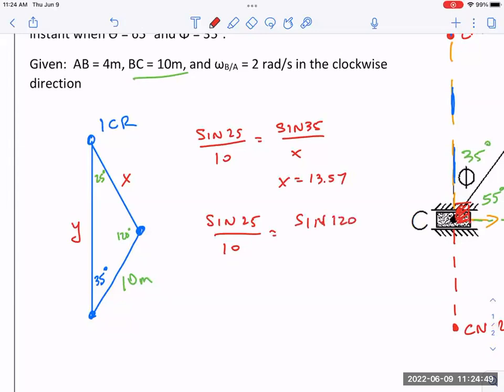This is the biggest angle, so that should be the biggest side. So it's the same exact setup. I just got to take the sine of 120. And when I do that, I get 20.49. So I know those two lengths now. And since those were meters, since 10 was in meters, those are meters as well.